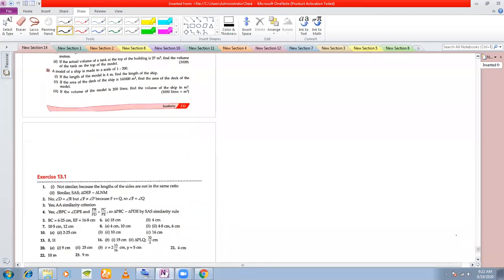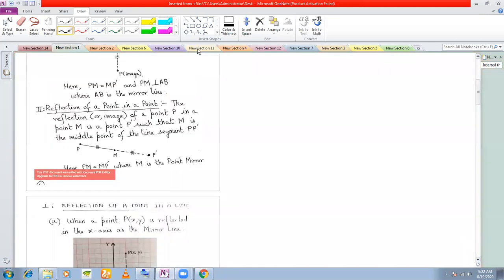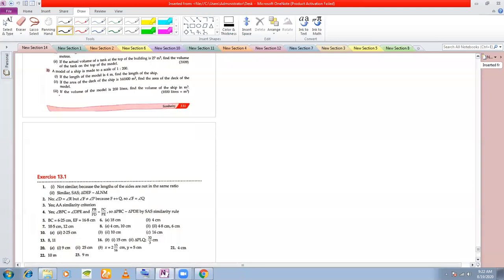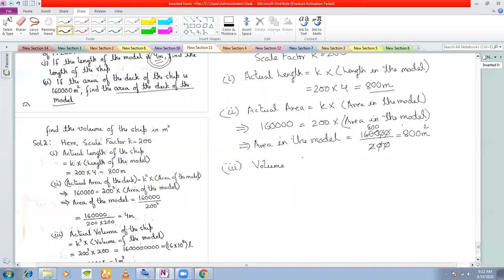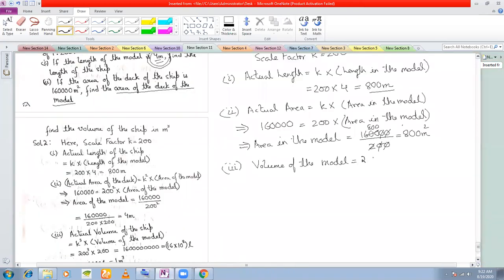Let's see. The question is, if the volume of the model is 200 liters, find the volume of the ship. 200 liters in the model.